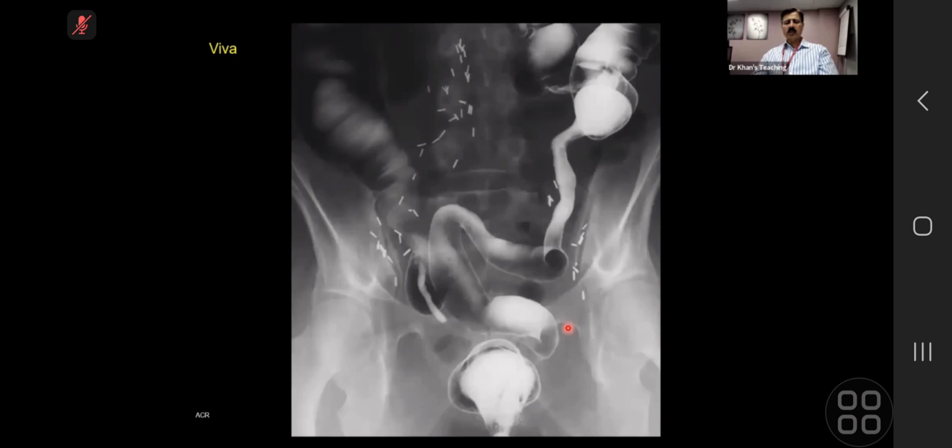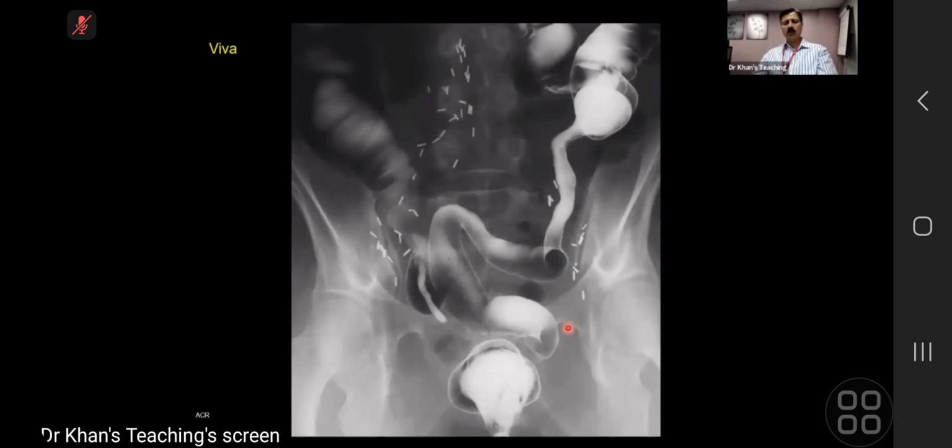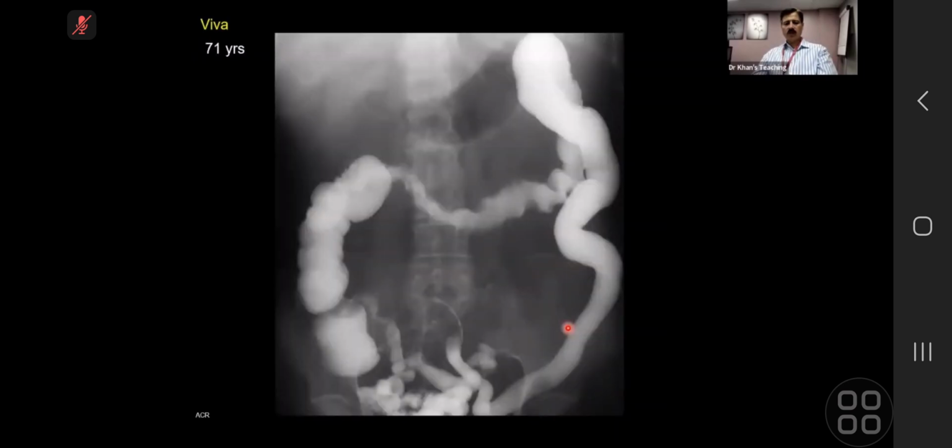Usually it is the sigmoid, the rectosigmoid. The simple reason is that there are a lot of cancers in that area. In females, the gynae cancers. In males, again, similarly. So the point is that rectosigmoid is the main issue for this.